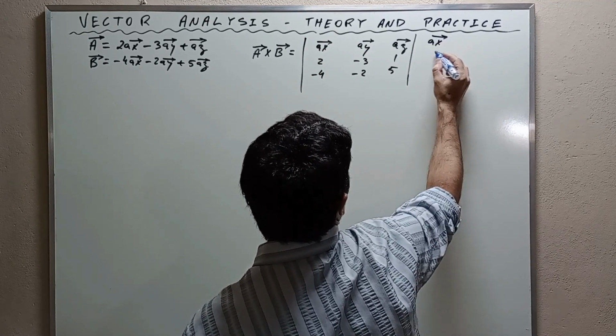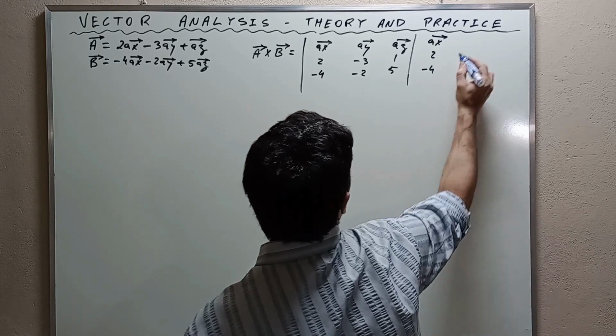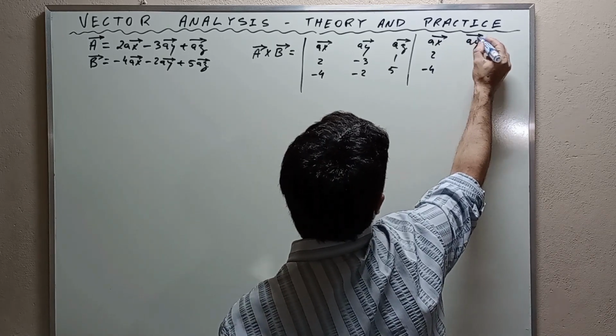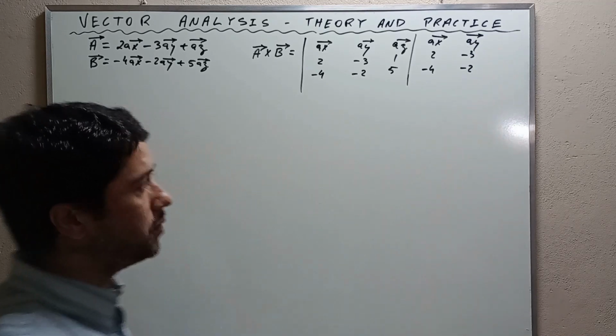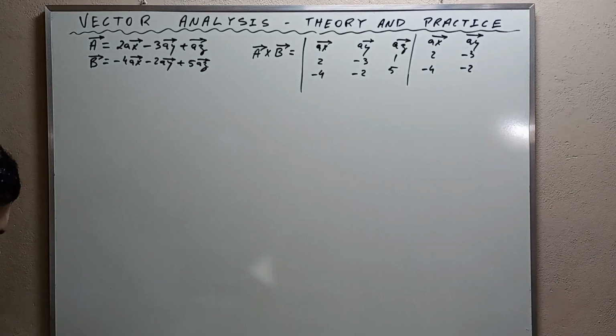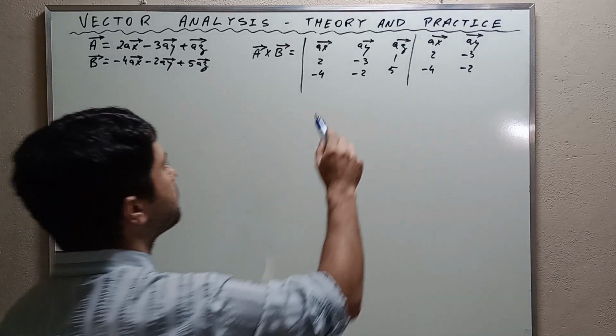A x to -4, A y -3 and -2. Okay? Now we follow the multiplications guided by these arrows here.